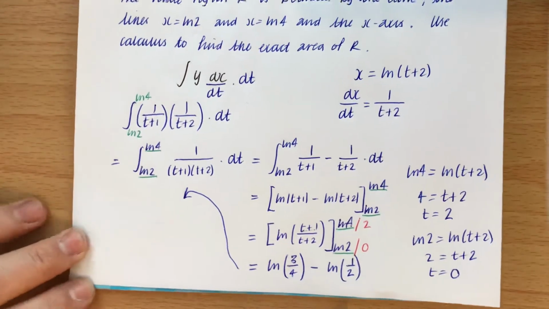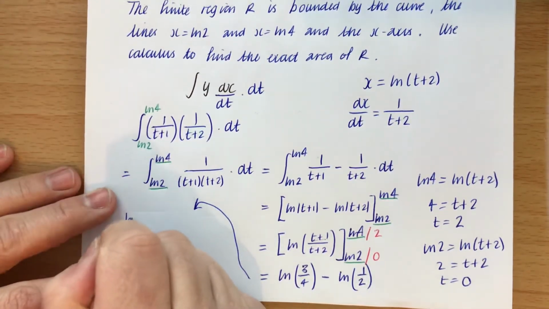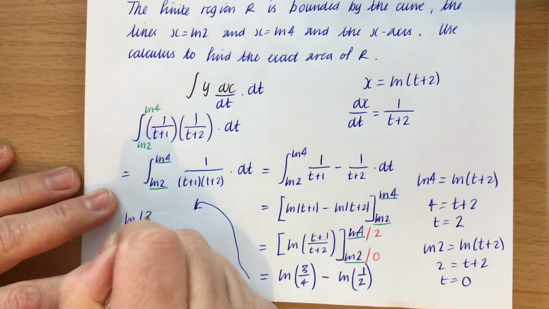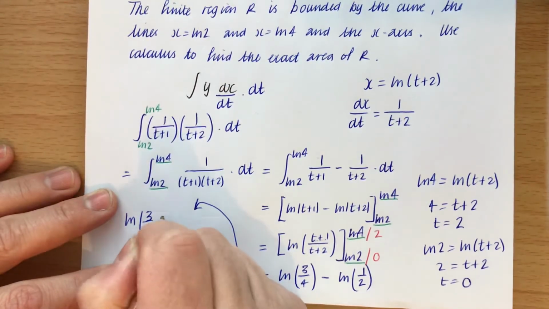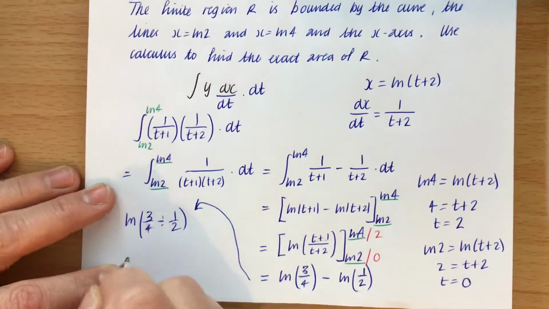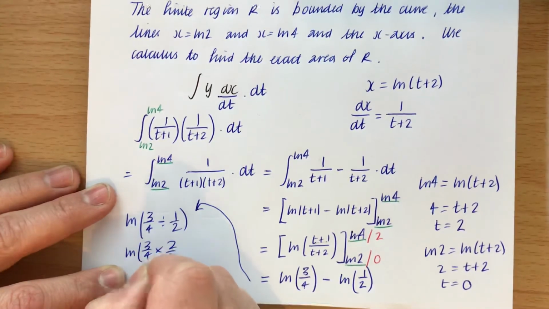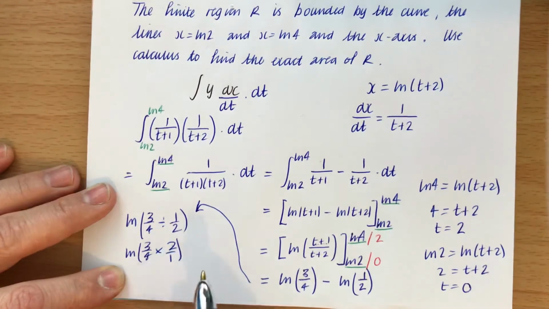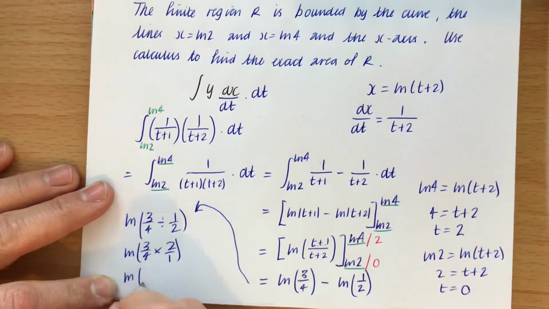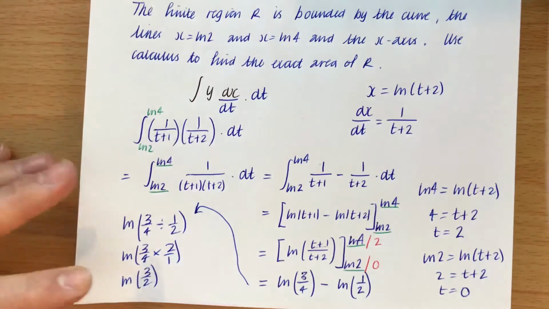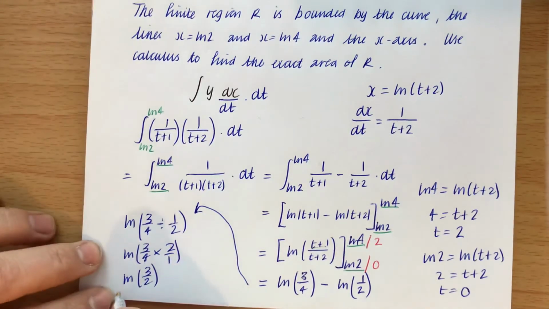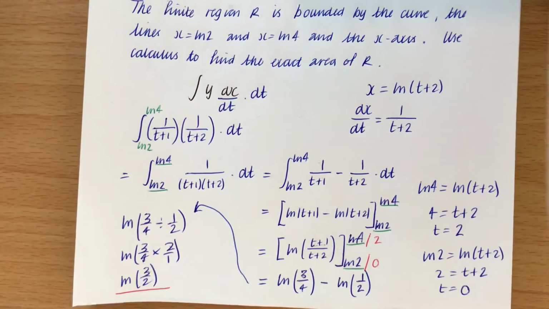So now we're going to divide these. That's log of 3/4 divided by a half, log of 3/4 times 2 over 1. The 2 and 4 will cancel. Log of 3 over 2 is our final answer there.